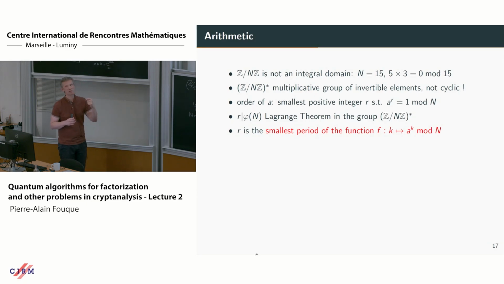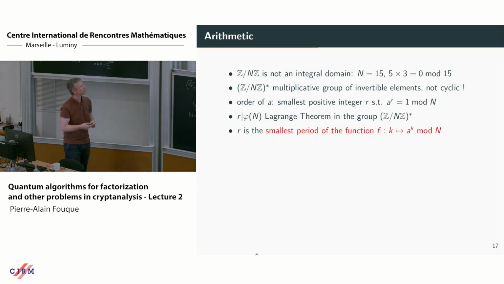This is not the little Fermat theorem, it's an extension of it, which is called the Euler theorem. And exactly it says this. The subgroup generated by a is a subgroup of this larger group.